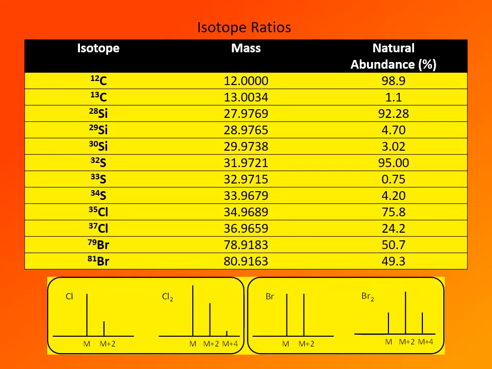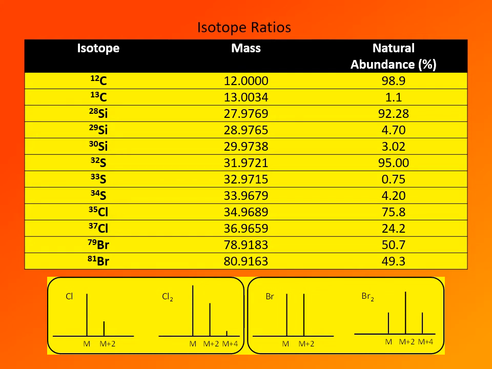Approximately, they will be present in a 3 to 1 ratio. So if we see in a mass spectrum a signal M that has an intensity of about 3, and then M plus 2, 1, so M and M plus 2 have a ratio of 3 to 1, then we can infer the presence of chlorine in that molecule. And sometimes we can even see a pattern that would show us the presence of two chlorines in a molecule.